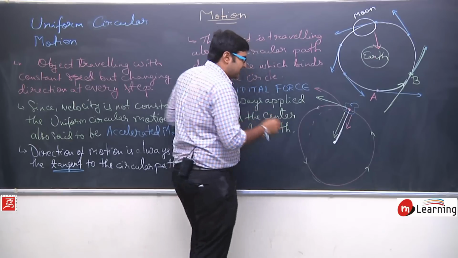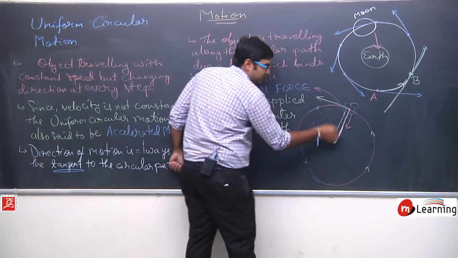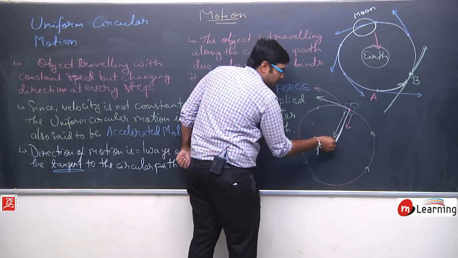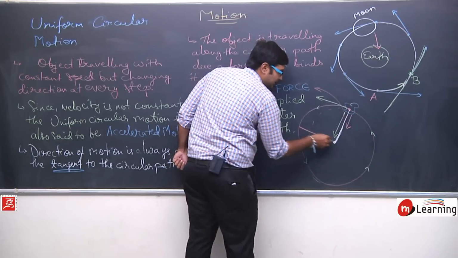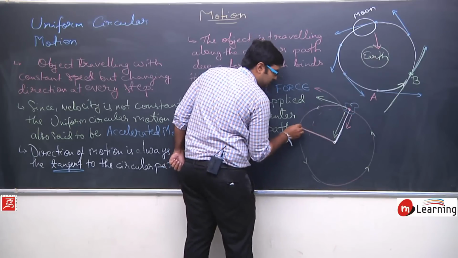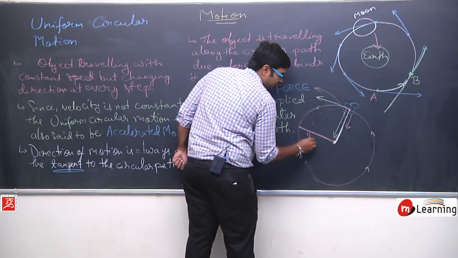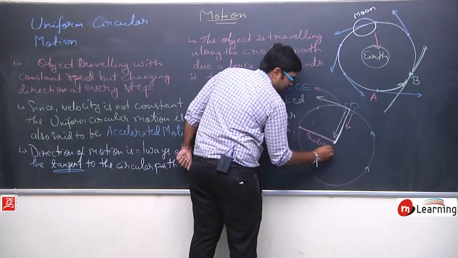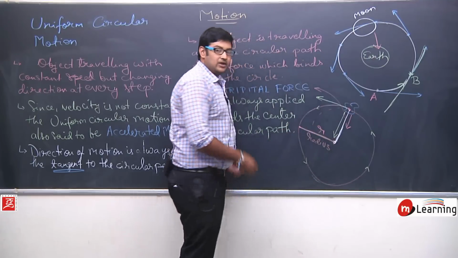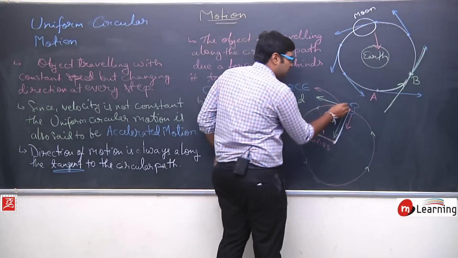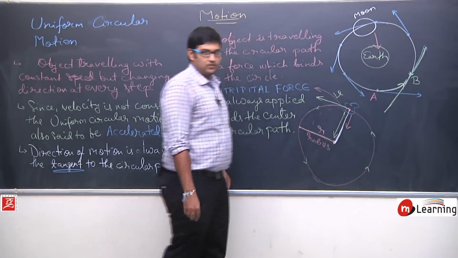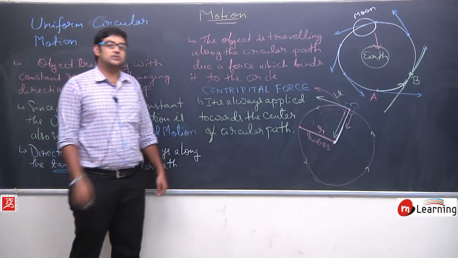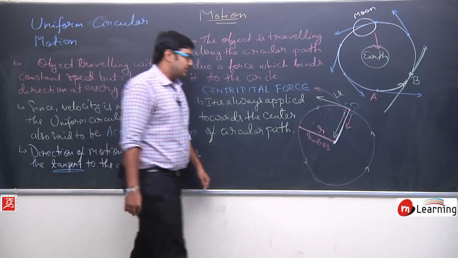Now you can see if an object is moving along this circular path, we know a parameter in the circle that is known as radius. Radius is, let's say, r. Let us say the speed with which the object is moving is v. V means the speed of the object.